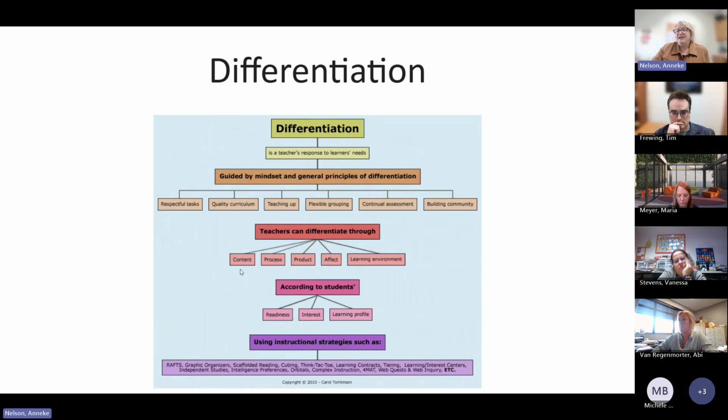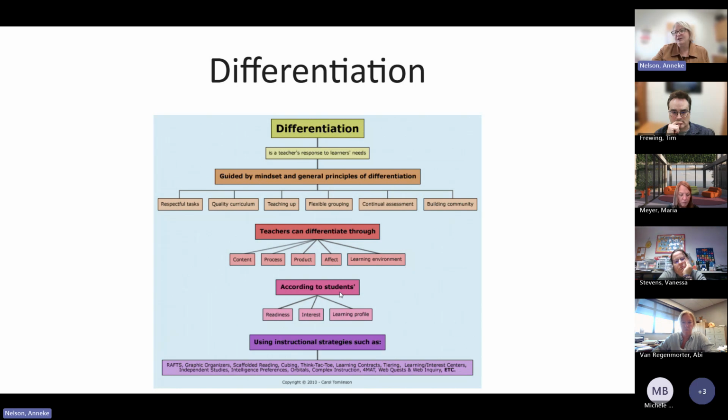Teachers can differentiate either in the content that they're providing, the process that they're teaching to students, the product that they're asking for, or the affect or the learning environment. So how we're setting up or how we ask students to be in the environment.